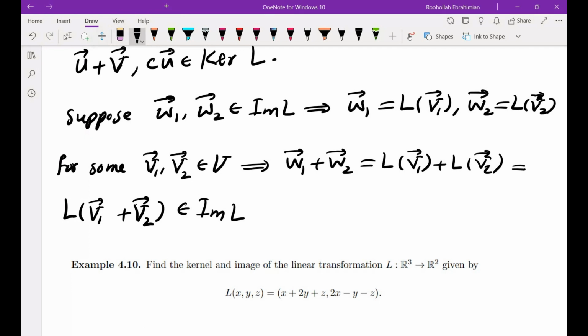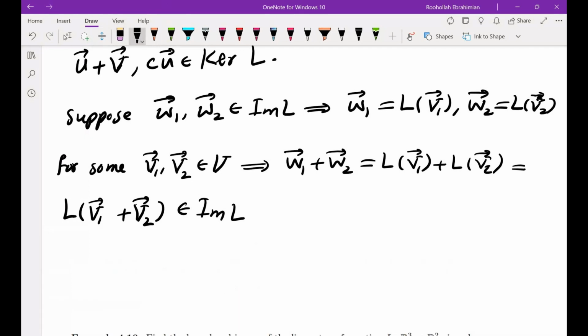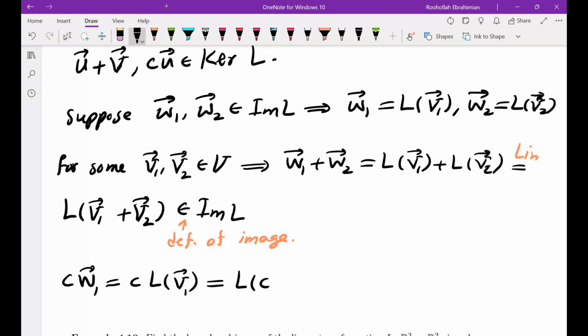Which of course is in the image by definition of image. So let me specify in every step what I used. Here I used the linearity of L, and here I'm using the definition of image. And finally, CW1 is C times L of V1, which is L of CV1, and this is by linearity.